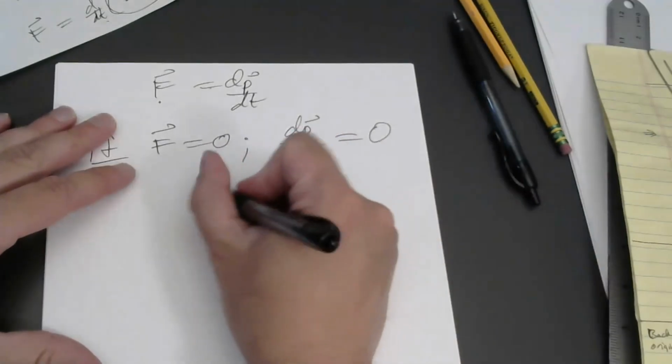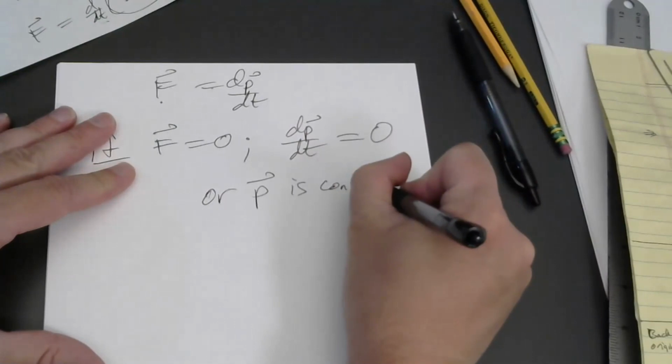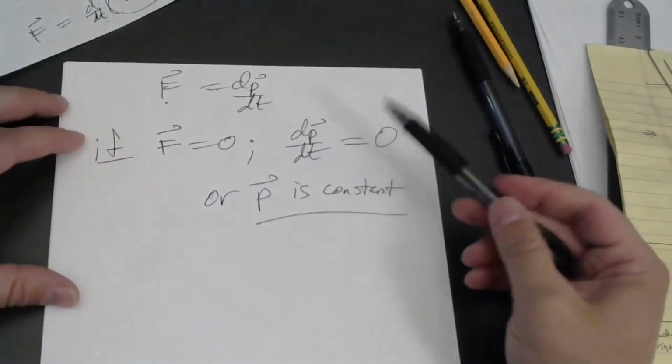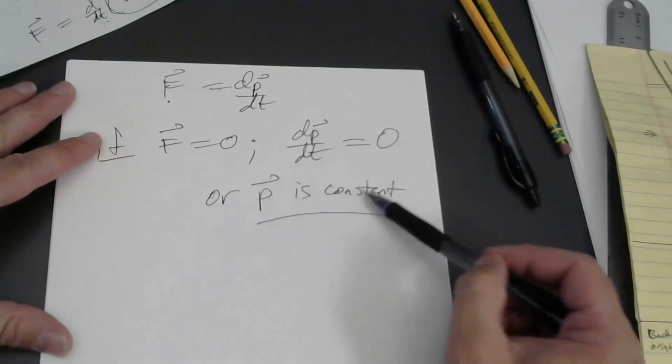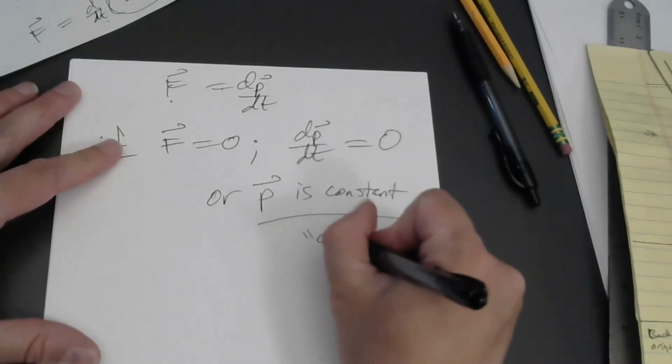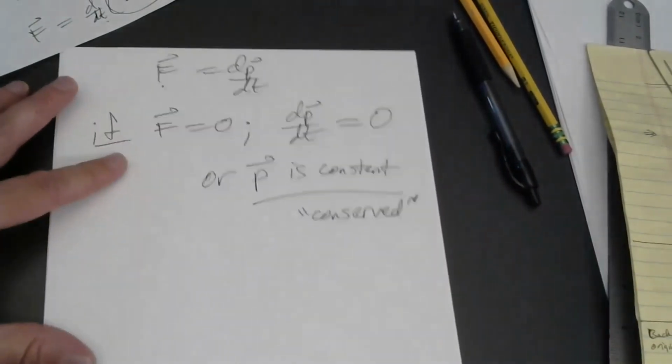That's just another way of saying that the momentum is constant, right? If you're saying that something's rate of change is 0, what you're saying is that it's not changing, or it's constant, or it's conserved. That's the fancy word that people like to use in physics.